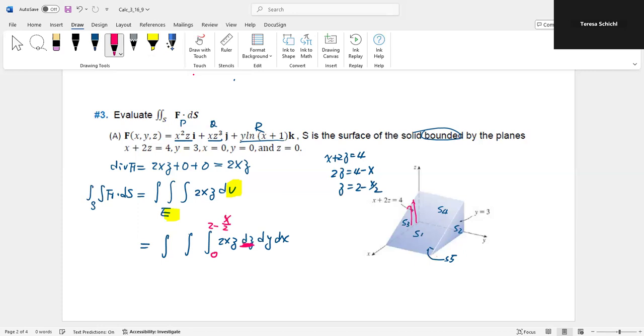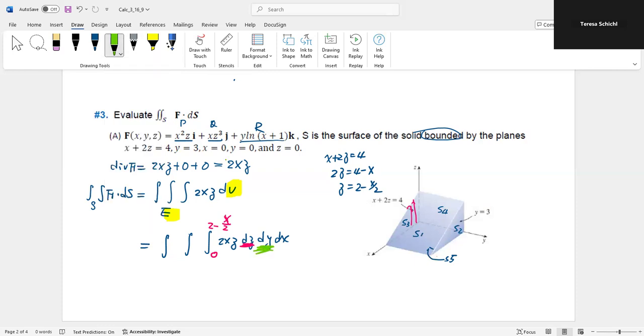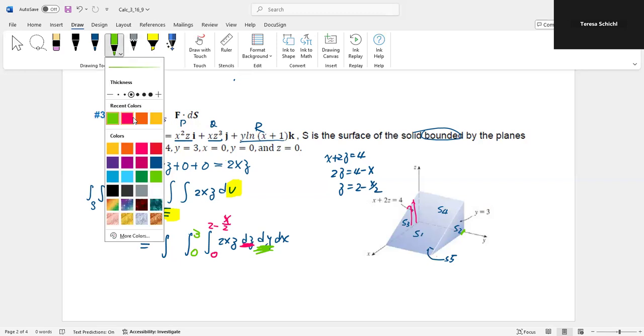After that, I need to find the bounds for dy. They said y equals 3, and x equals 0, so dy is just from 0 to 3. Then for dx, when z equals 0, x equals 4.